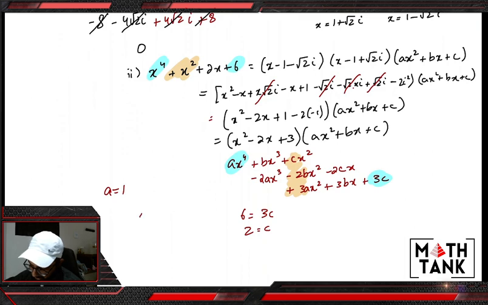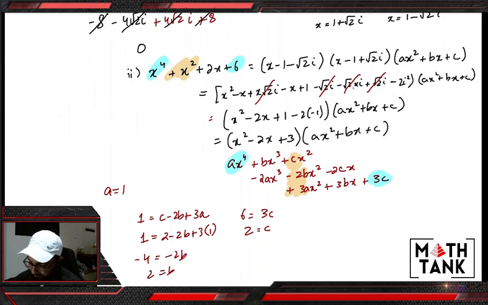Comparing the x squared term now, I get 1 equals c minus 2b plus 3a. So 1 equals 2 minus 2b plus 3 times 1. So that gives me 5 and minus 4. So b is equal to 2.